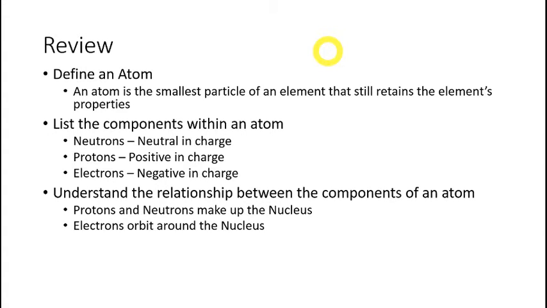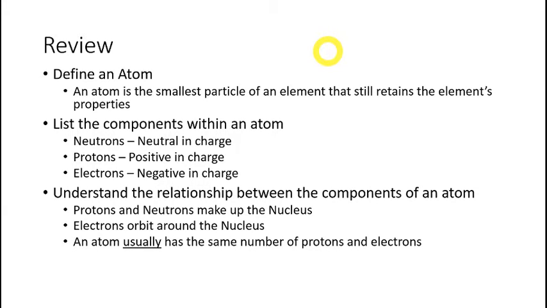Electrons orbit around the nucleus. So they are definitely mobile. Protons and neutrons, that nucleus, does rotate around a little bit, but it is fairly stable compared to an electron, which is very active. And an atom usually, and I underline usually, has the same number of protons and electrons.